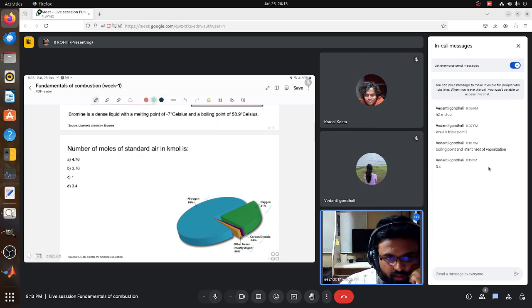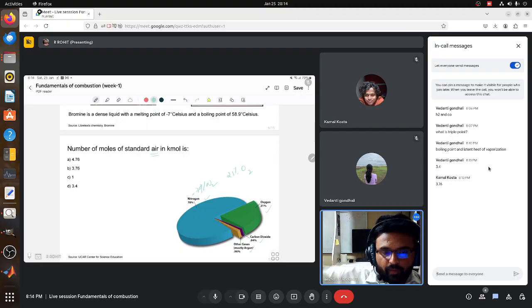Okay, so we're going to do the same: 3.4 moles of standard air is present. So we look into it. In standard air, we have approximately 79% nitrogen, and the remaining 21% is oxygen.